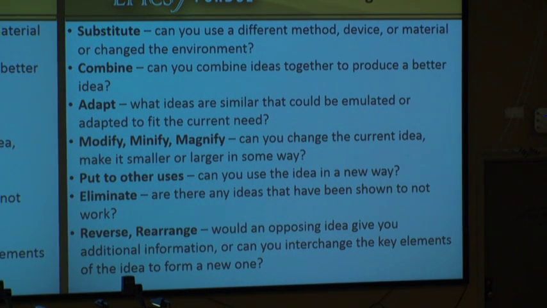Some of the other brainstorming strategies is SCAMPER, where you use analogies or make changes to current solutions to try and come up with something more innovative. So there's substitute, combine, adapt, modify, magnify, put to other uses, eliminate. Those are all strategies that you can use when you're brainstorming different solutions, reverse and rearrange.